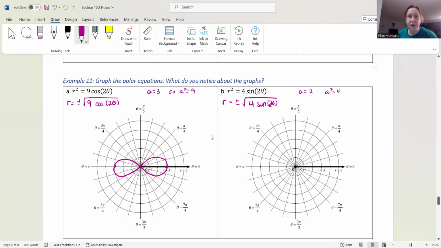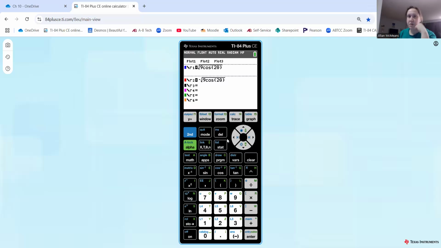So we go to the calculator, go to y equals, and clear out the old stuff. For R1, I'm going to type in the positive square root of 4 times sine of 2 theta. And then for R2, I'm going to type in negative. Again, make sure you do the negative button, not the minus button, which is down here on the bottom row.